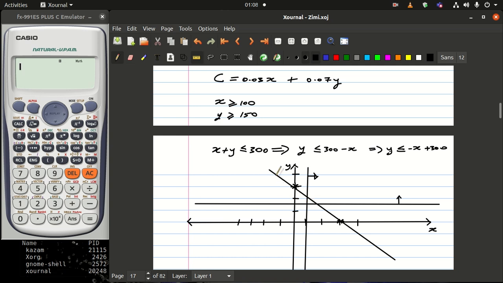But this one wants anything below this line. So I'm looking for below. So this is telling us to look for the values that are in between here.